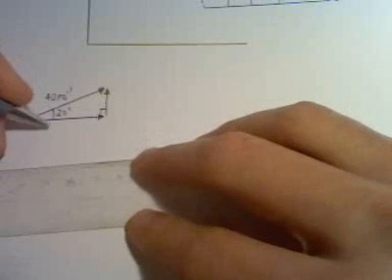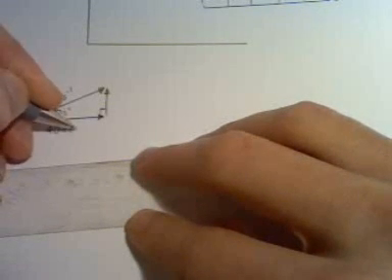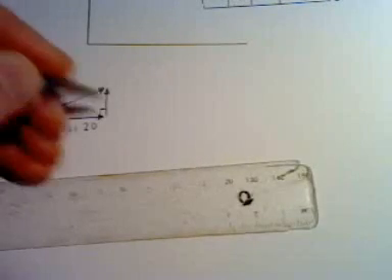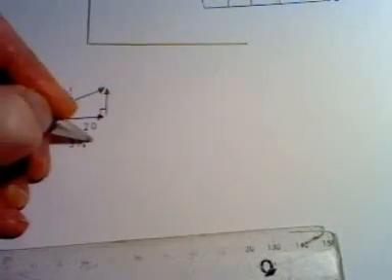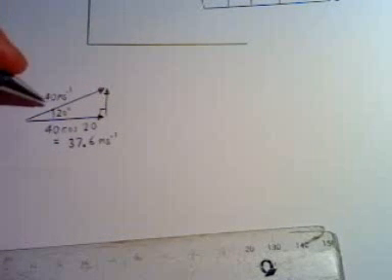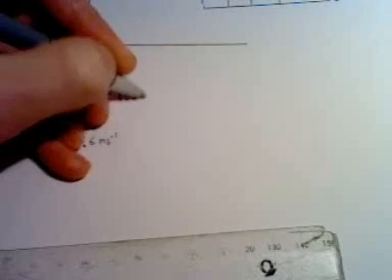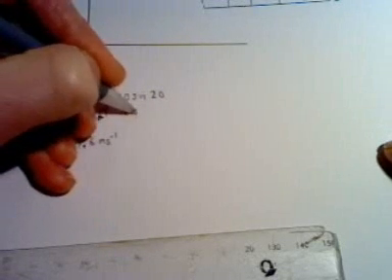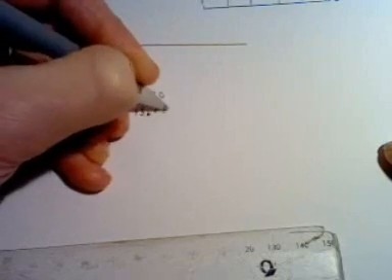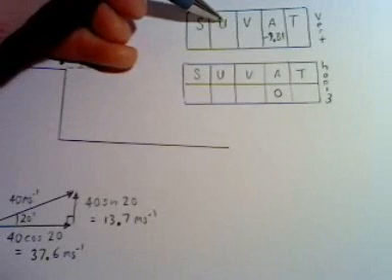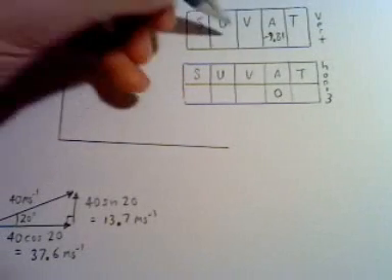So we've got a right angle triangle, and the horizontal component is going to be 40 cos 20, making sure your calculator is in degrees mode there. 40 times cos 20 gives us 37.6 meters per second, and similarly the vertical component will be 40 sin 20, which gives us a vertical component of velocity of 13.7 meters per second.